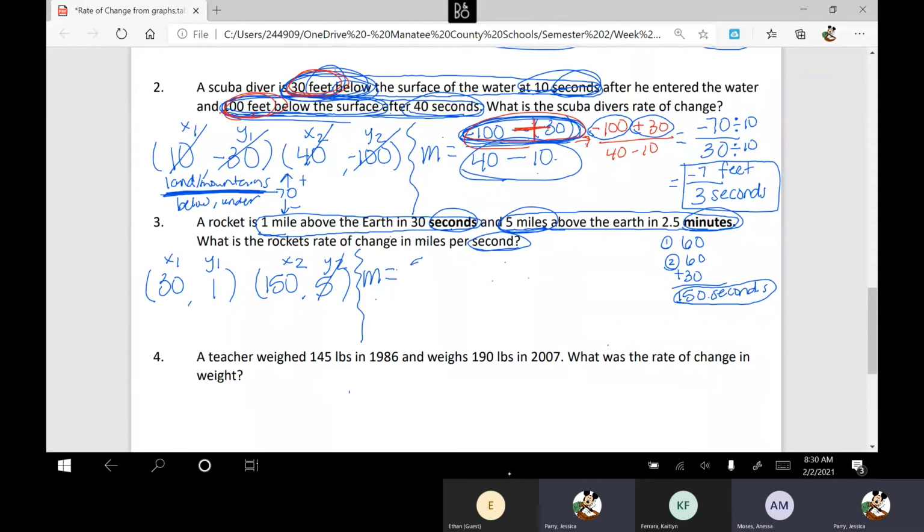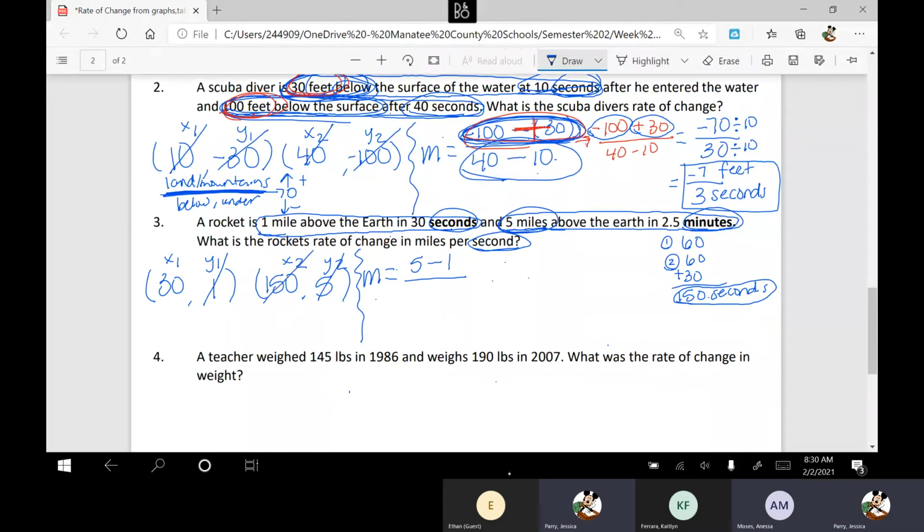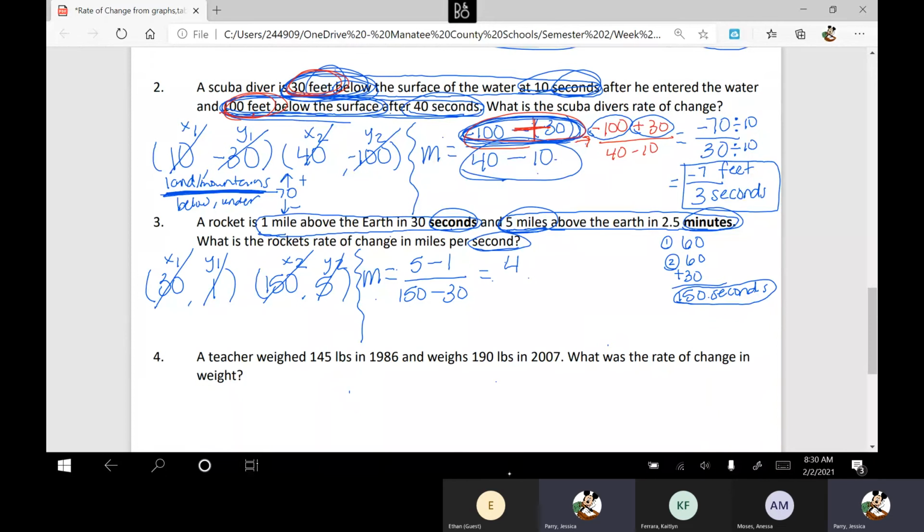My Y2 is 5 minus Y1 is 1. Over, what's my X2 minus X1? 150 minus 30. Perfect. X2 is 150 minus X1 is 30. And then let's simplify up top. 5 minus 1 is 4 over, and then 150 minus 30 is 120.